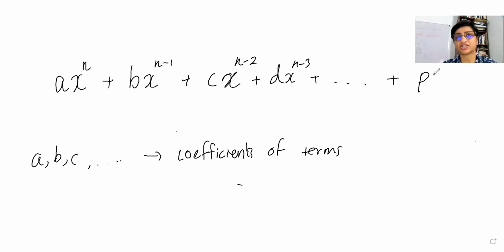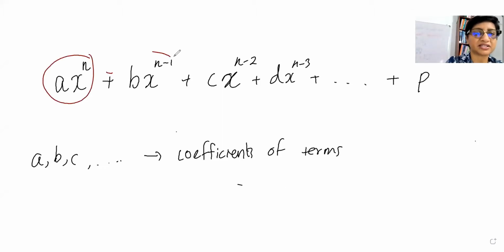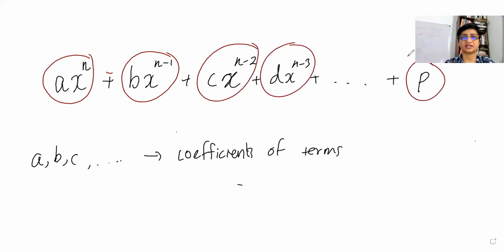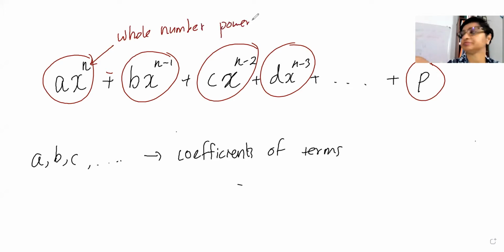It's a collection of terms. Here, these are the terms: this plus this plus this plus this plus and so on plus this. It's a collection of terms. What kind of terms? Terms with different whole number powers of x. Whole number powers of x.